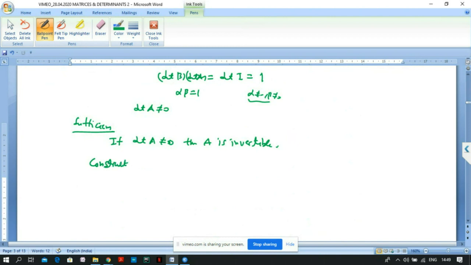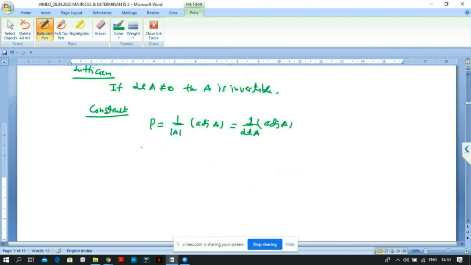So we construct a matrix, say P, which is 1 by determinant of A times adjoint of A.